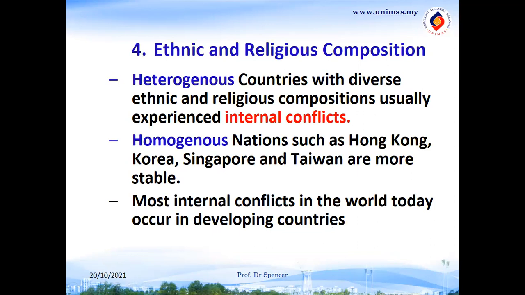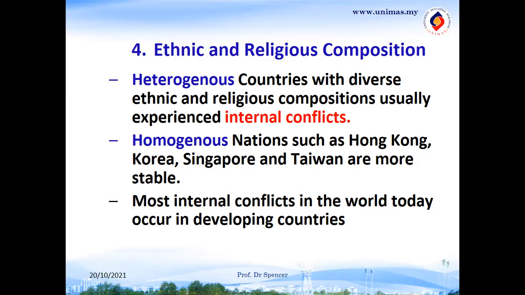And then also in terms of ethnicity and religious composition, ethnic and religious composition, many of these countries are heterogeneous in the sense that they have diverse ethnic and religious composition, which usually experience internal conflicts, and that's the danger ataupun satu masalah lah. Where there is a lot of heterogeneity ataupun heterogeneous countries, a lot of differences. Homogeneous countries or nation, for example, have less conflict, yeah, more stable.